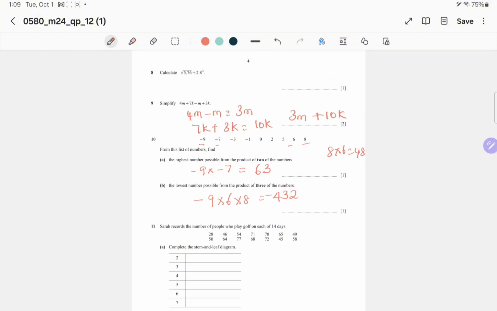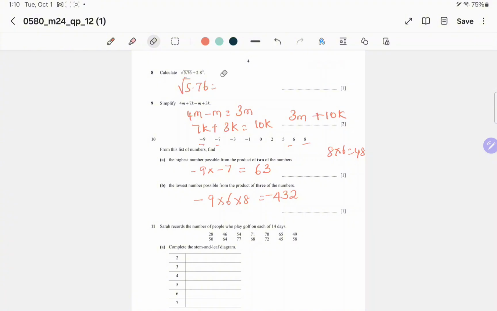I think I have left one question here. Can I do it now? Please listen. This is root of 5.76. Can I do it one more time? So root of 5.76 is 2.4, and root of 2.8 cube is 21.952. I made a mistake again by reading the answers wrongly.